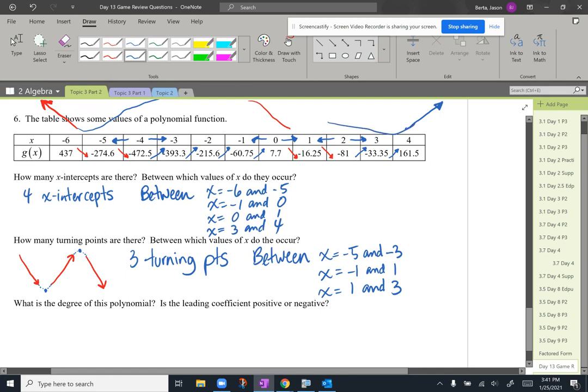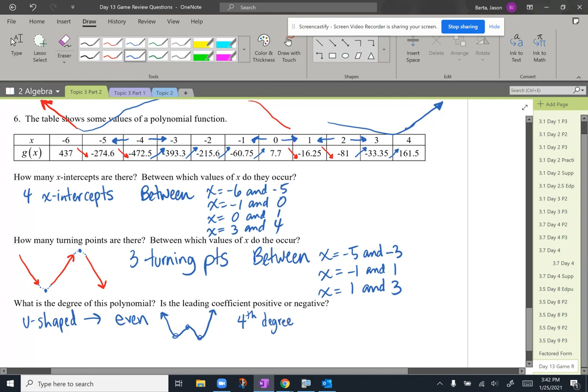So it looks like this is kind of a U-shaped graph, and we know that corresponds to an even degree polynomial. Here we have a shape that looks like this, and a shape that looks like that when we have 1, 2, 3 turning points. That's going to be a degree of 4. Fourth degree.